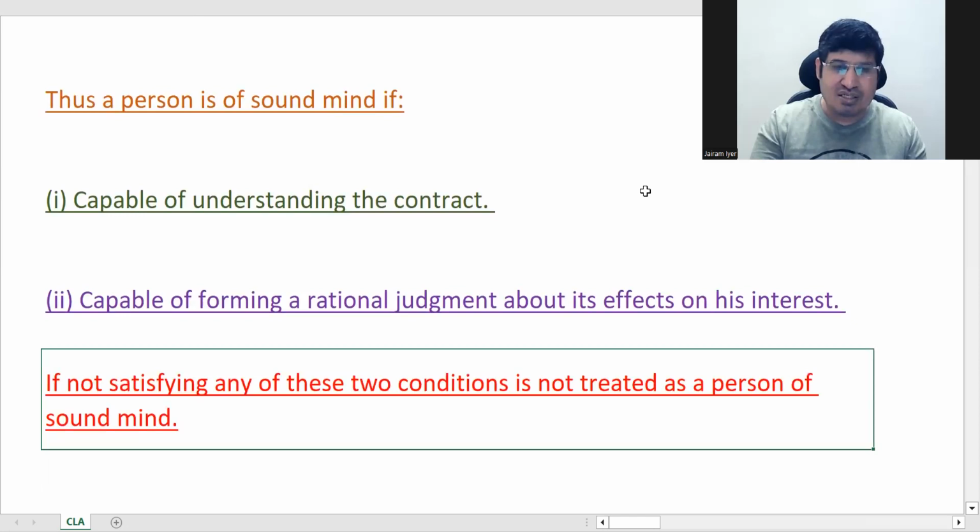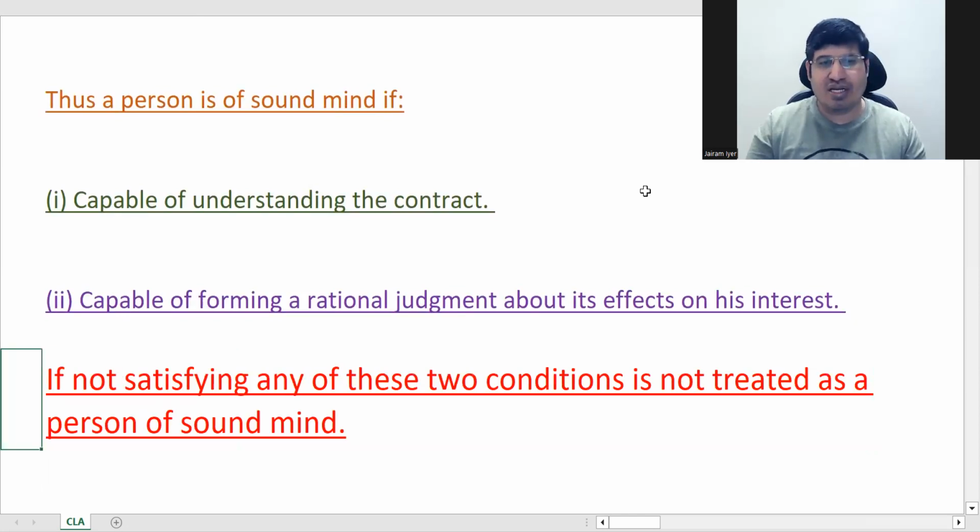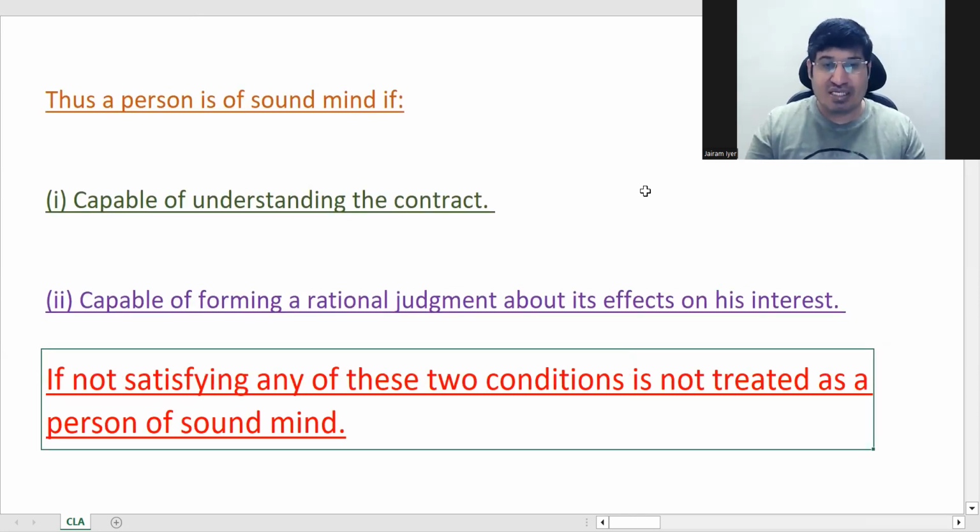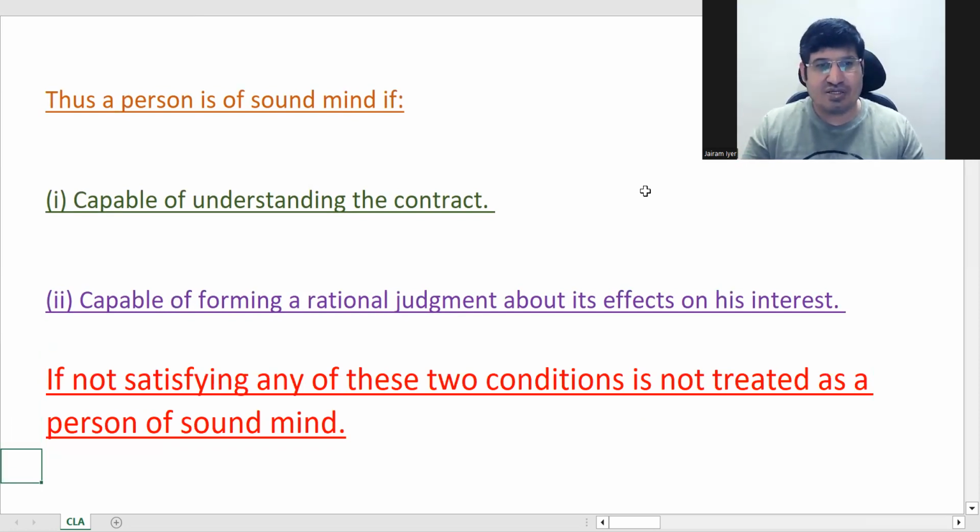This is an extremely important point here, which tells you that as per contract act, unsound mind is not only those who are in the mental asylum or who are mentally incapable, or who have some mental problem. It can be anyone. It can be an old person. It can be a properly healthy person whose IQ is low.